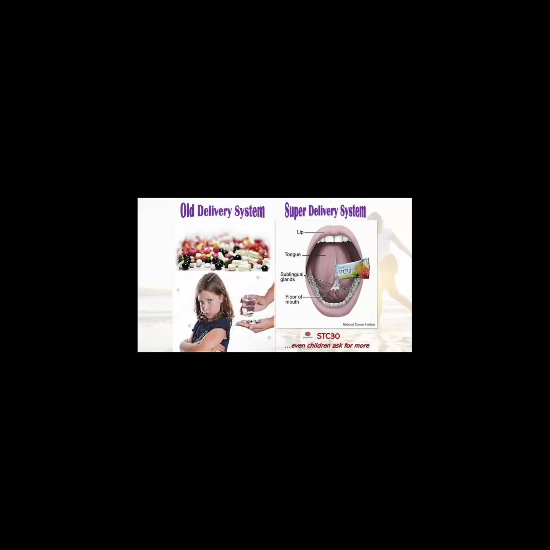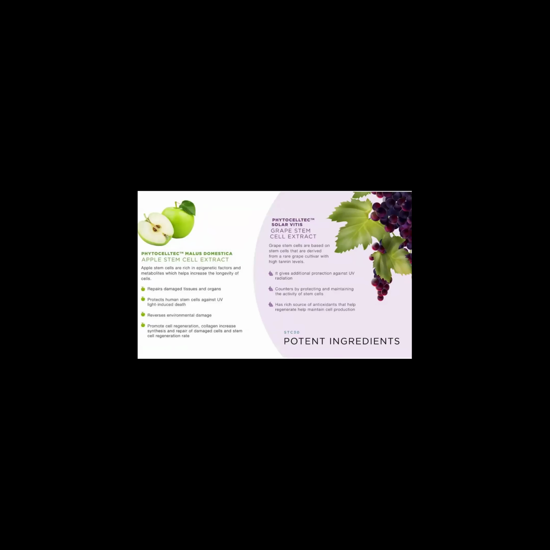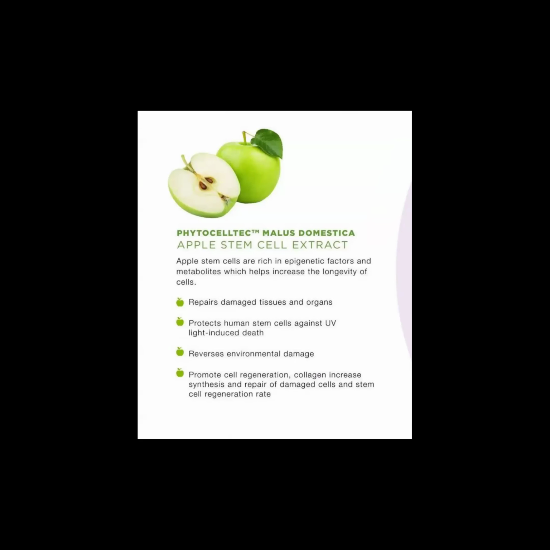It is a combination of powerful ingredients, 9 ingredients put together. This Malus domestica, which is a rare Swiss apple, then Solar Vitis. One of the powerful ingredients is said to reverse damaged tissue and organs. So if you have the problem of an enlarged spleen, which is tissue, it can reverse it.